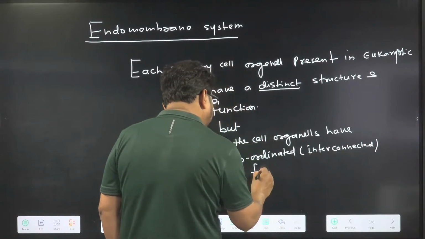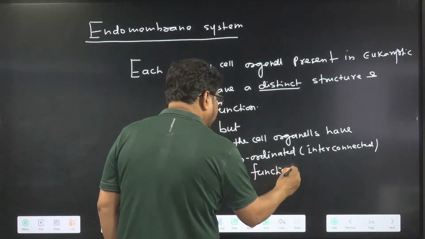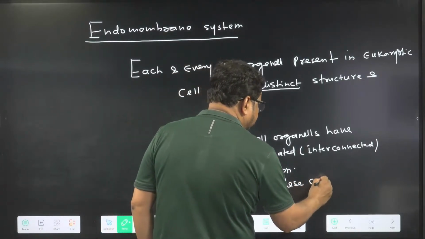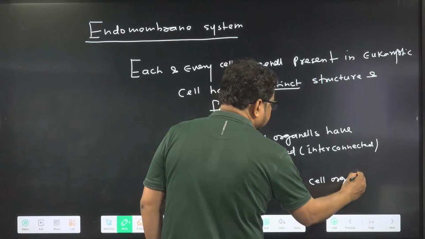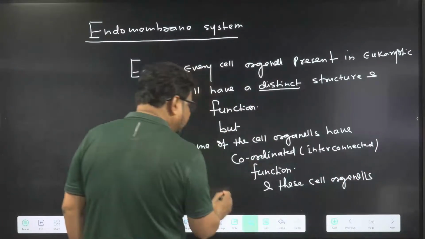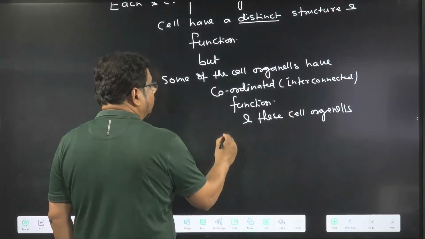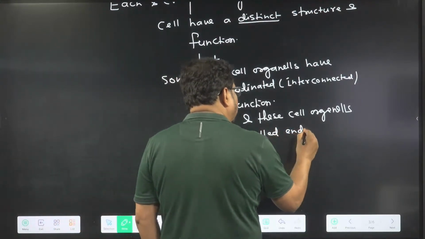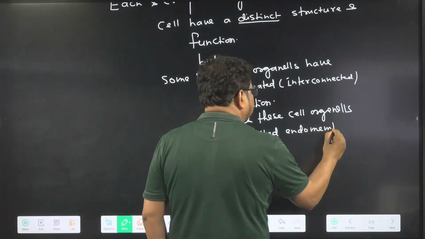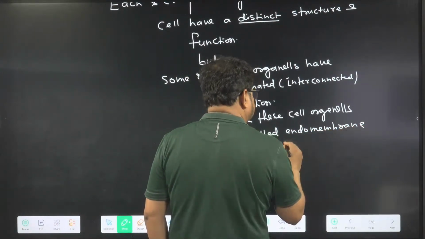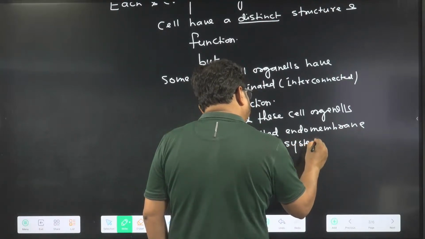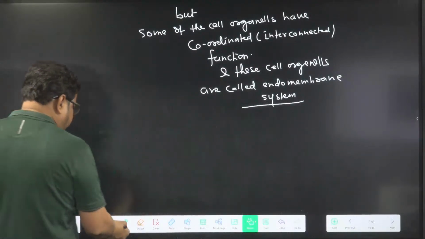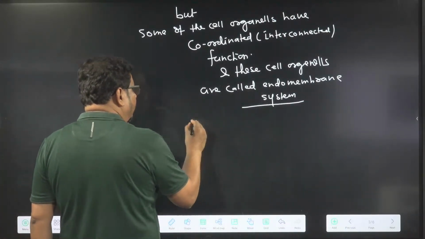And these cell organelles are called the membrane system. Which system are these cell organelles called? Endomembrane system.